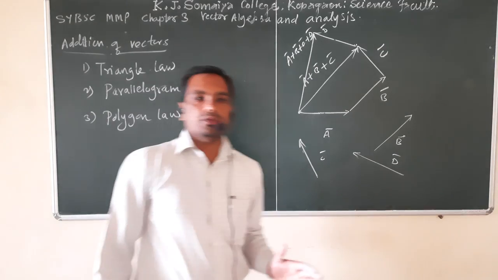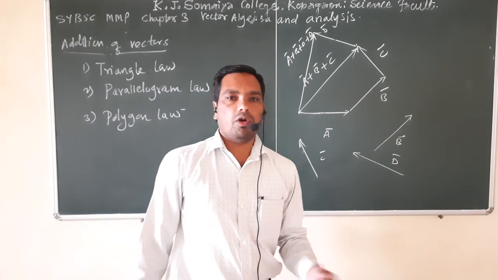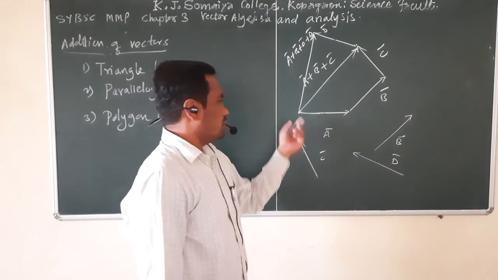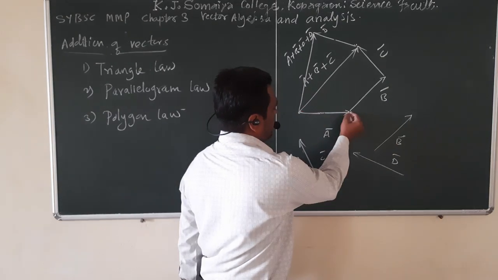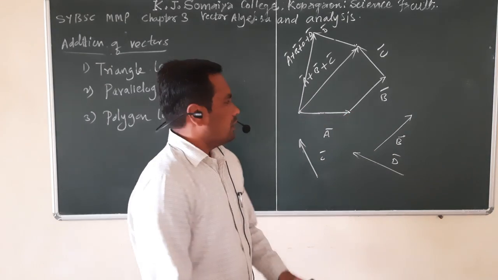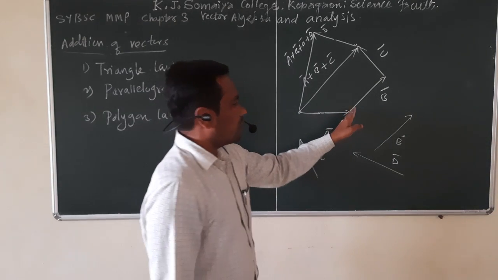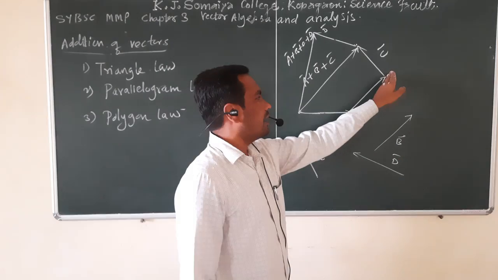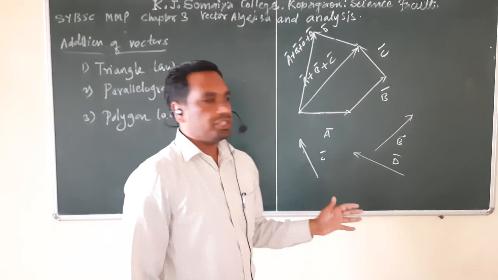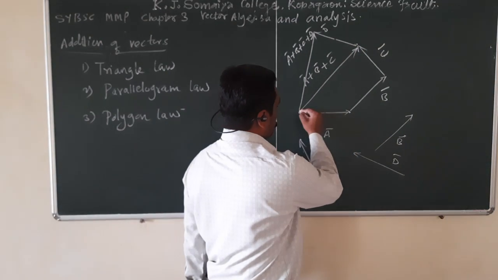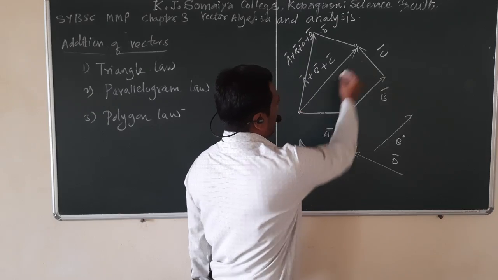Now we use the vector law of addition very commonly. How can we use it? Suppose we are over here and we walk from here to here, then again from here to here. To find our final position, we have to join the initial point and the final point.